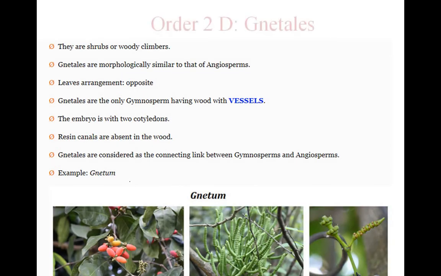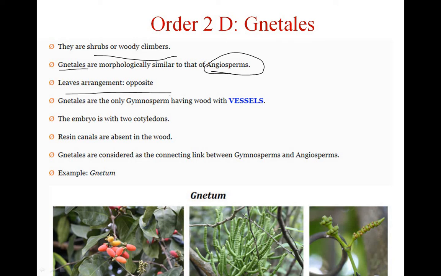Then the fourth order, Gnetales, has shrubs or woody climbers. This Gnetales order is known as the connecting link between the gymnosperms and the angiosperms, because morphologically they resemble the angiosperms, and leaves are oppositely arranged.